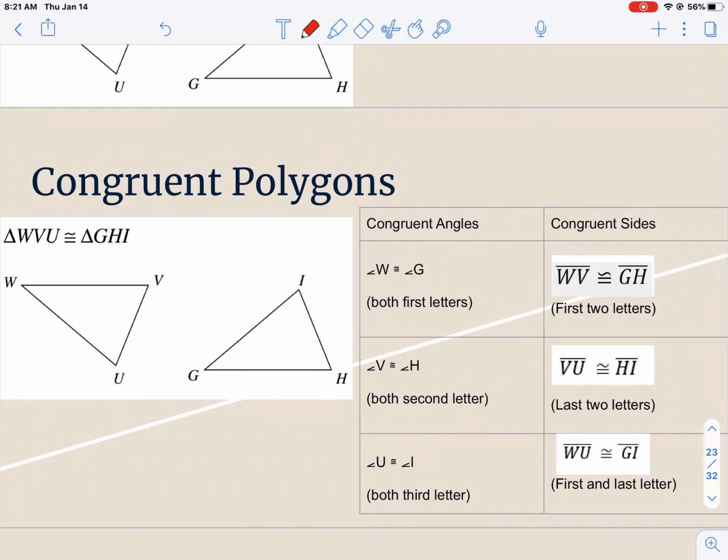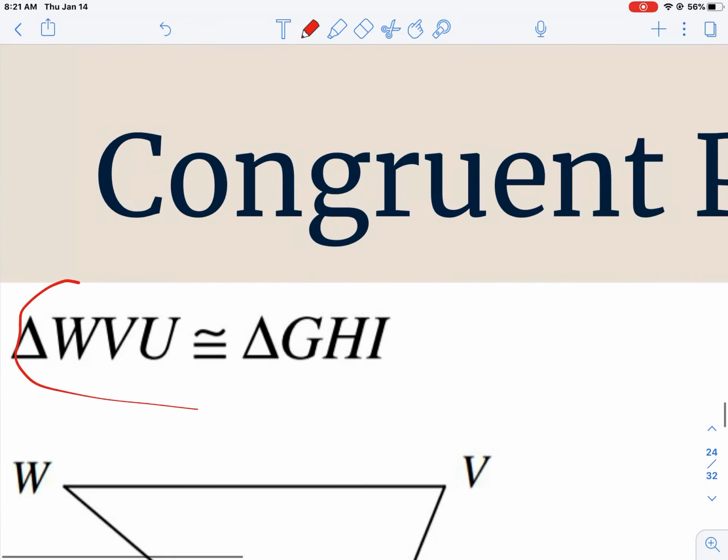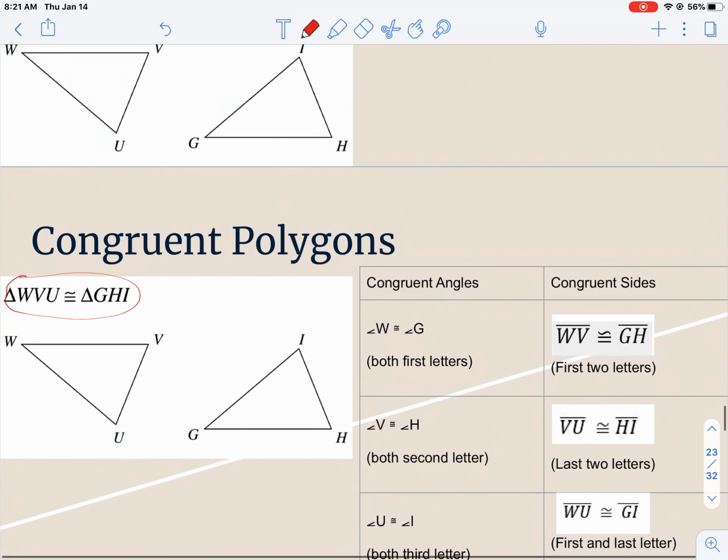And so notice, let's start with the angles, right? I think that's the easiest one to pick off. So triangle WVU is congruent to triangle GHI, right? That's the congruence statement right there.